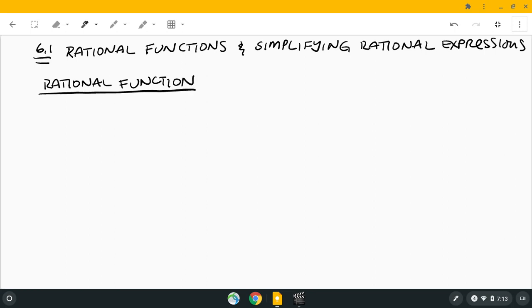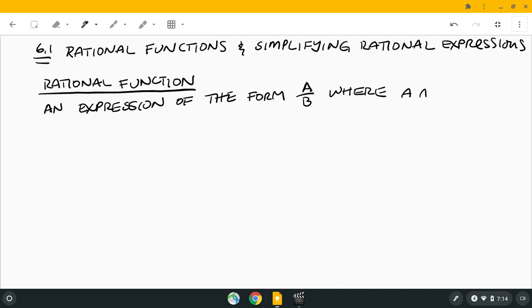A ratio is a comparison between 2 quantities, like a fraction, A over B. Okay, so an expression of the form A over B, where A and B are polynomials.